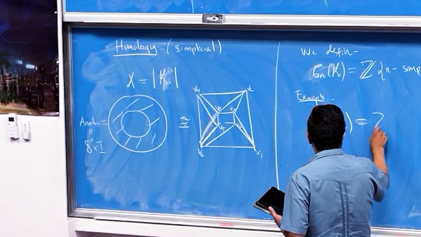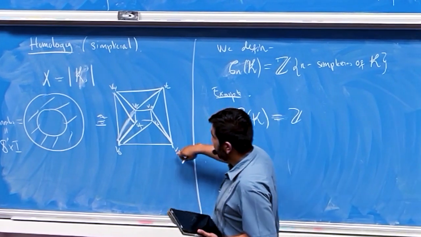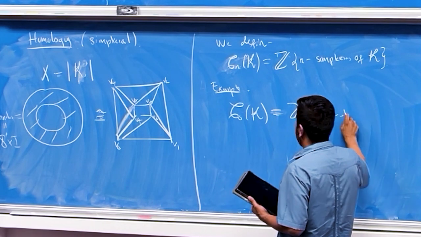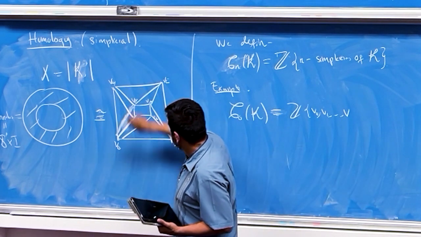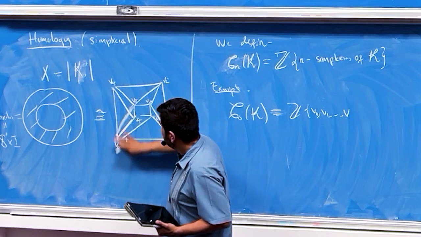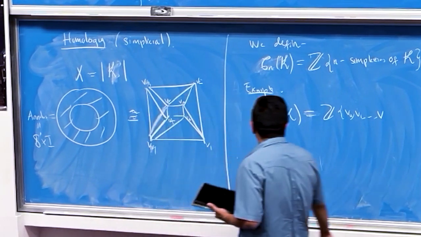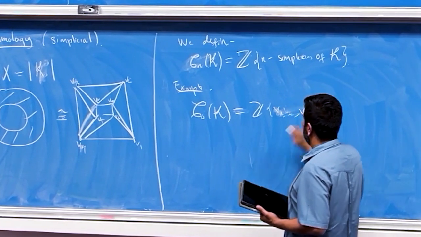So we are going to construct the free abelian group generated by V1, V2 up to V8.